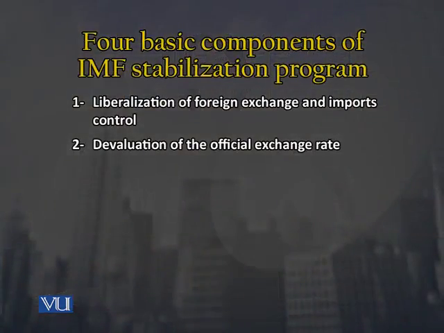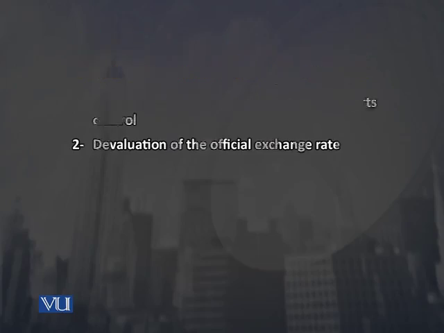Another important thing which comes under this head of stabilization program is the devaluation of the official exchange rate. In some other session, I discussed the good things and the bad things associated with an overvalued exchange rate, and then we also discussed what is meant by devaluation.